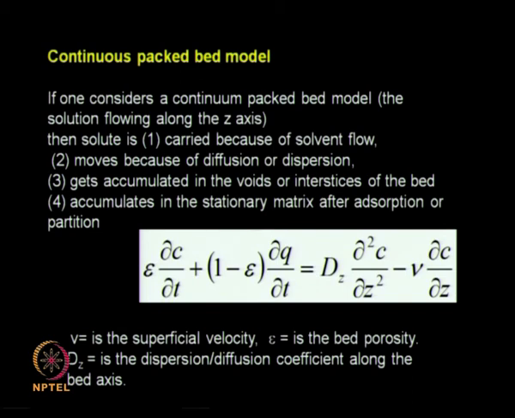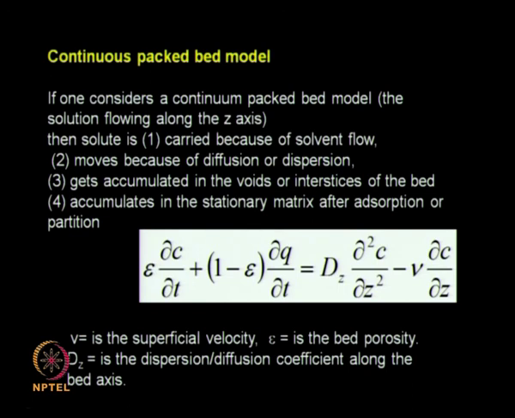So we assume there is a continuous packed bed and the solution is flowing along the z axis, from left to right. Number 1, the solute is carried because of the solvent flow. Solute moves because of diffusion or dispersion. Solute gets accumulated in the voids or interstices of the bed.